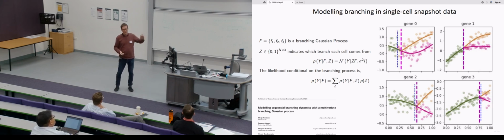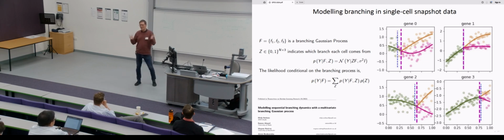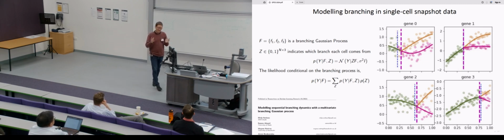People in this community of single-cell data analysis are dealing with bigger and bigger data sets all the time. This thing on 1,000 genes with thousands of cells is already taking hours to run. So modern protocols give you many more cells, and it really doesn't scale up so well.